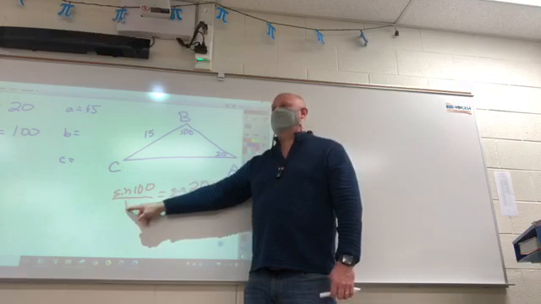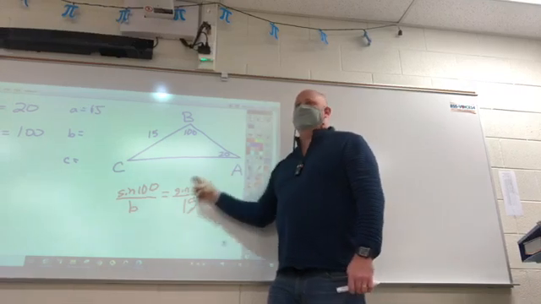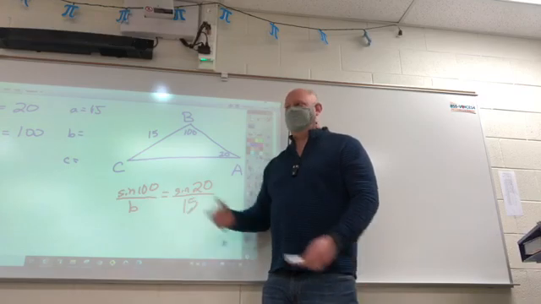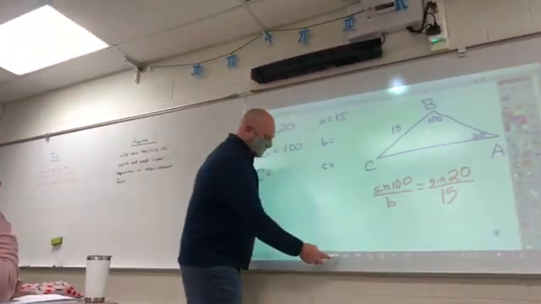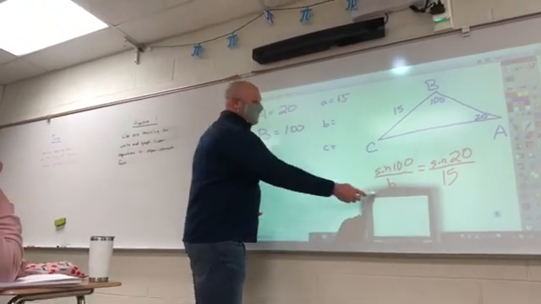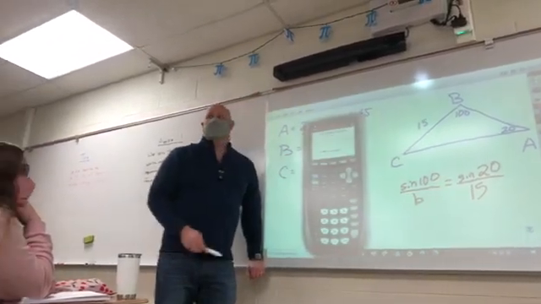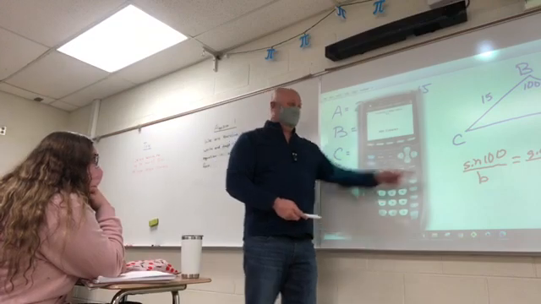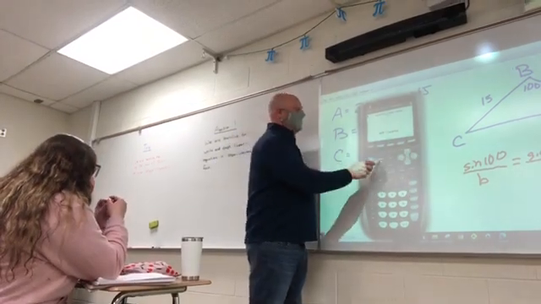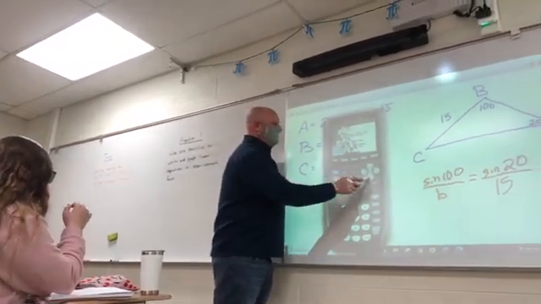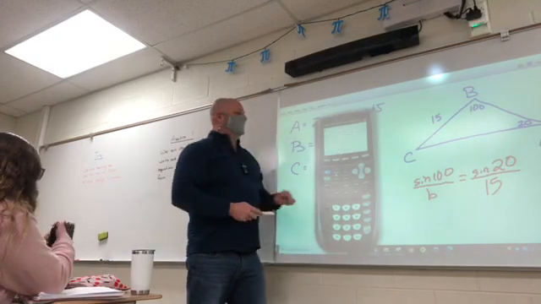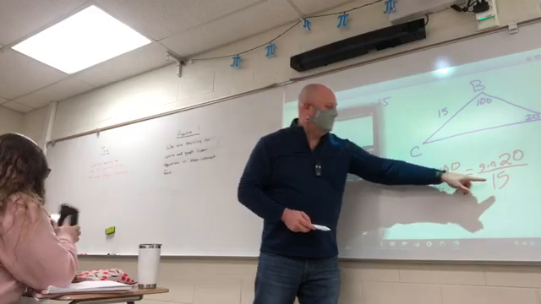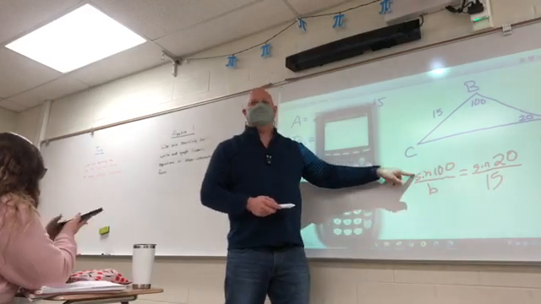How do I find side B? All this becomes a butterfly. The hardest part of this is you just have to be careful typing in your calculator. First off, what mode do I have to be in? Degree. These are all degree measurements, right? So make sure your calculator's in degrees. All I have to do is type this in. So I have to do 15 times the sine of 100.